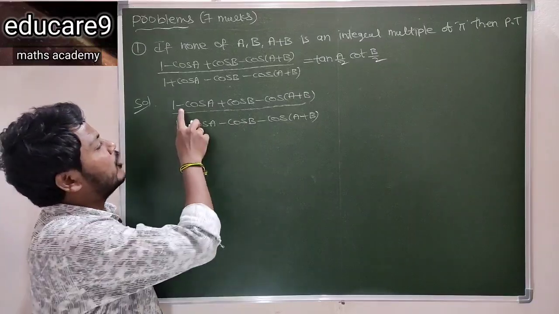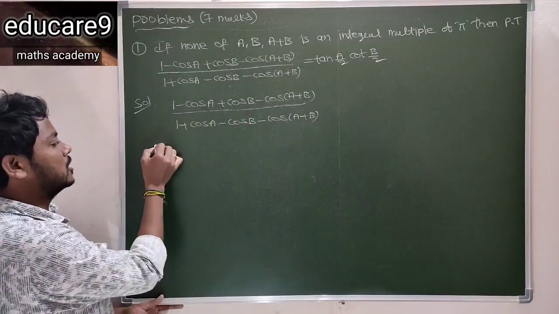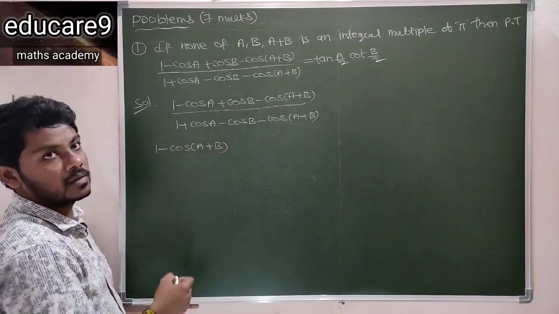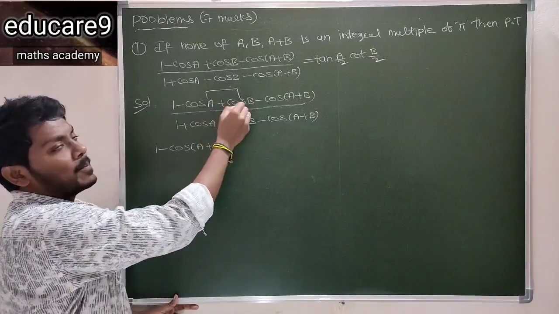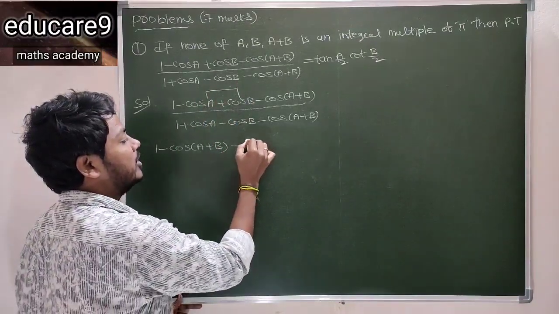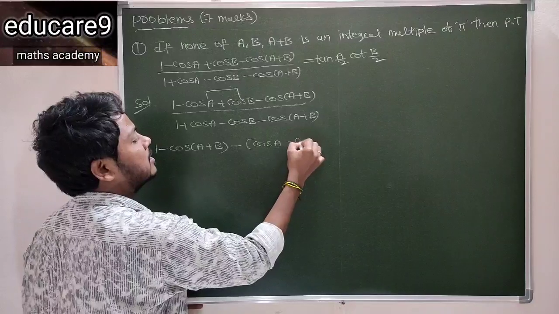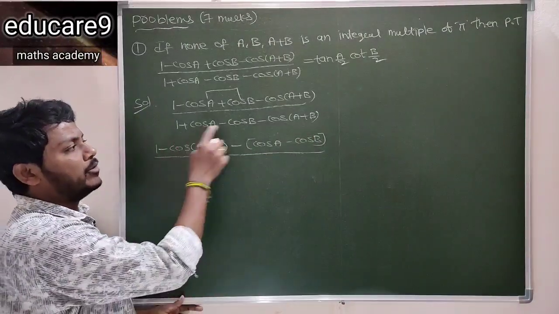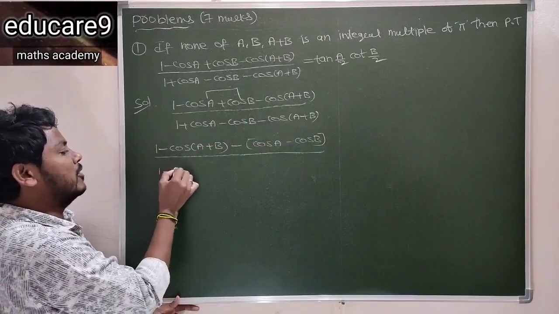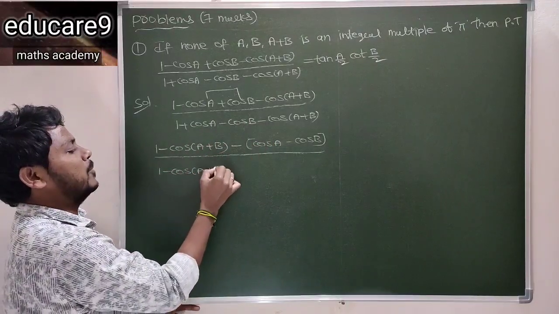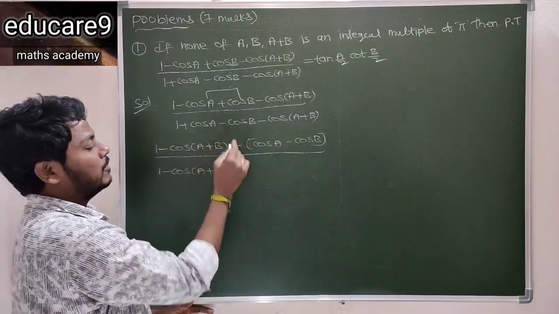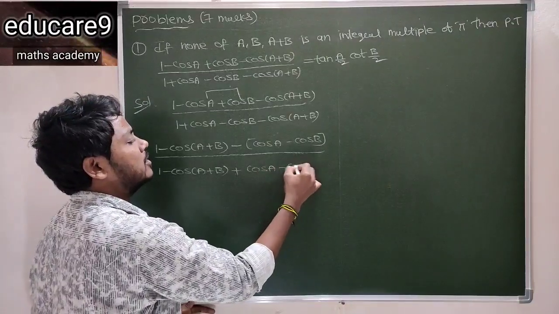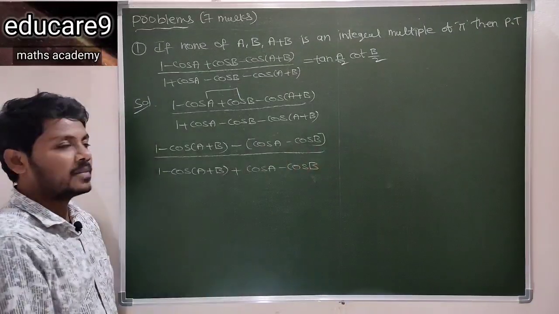So here we have to write first and last term first, that is 1 minus cos of (A plus B), and in both terms minus is common, you will get cos A minus cos B. So divided by, again we have to write first and last term, 1 minus cos of (A plus B) plus remaining cos A minus cos B.